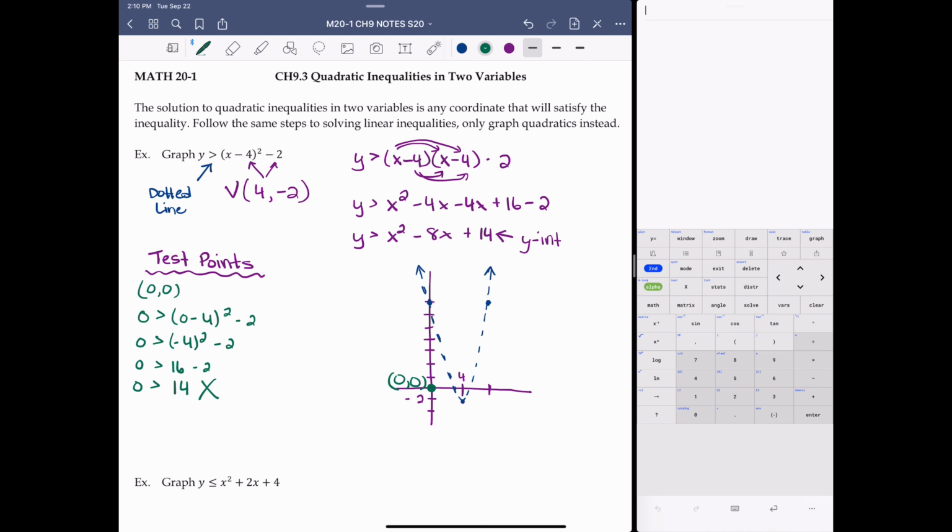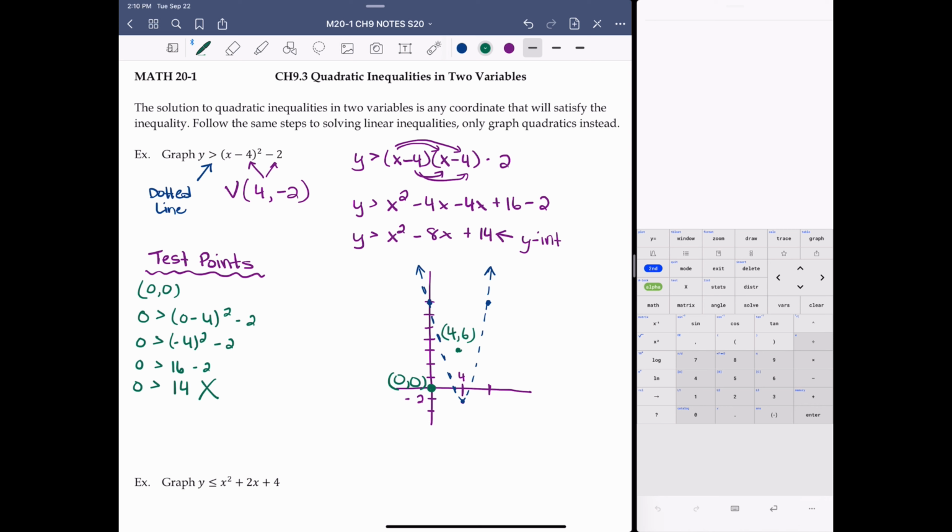Then I want to pick another test point. I'm going to go to my axis of symmetry where x equals 4, and then just go up a bit, maybe to y equals 6. So (4, 6) is a point right in the middle of my parabola, so I know it's inside there.